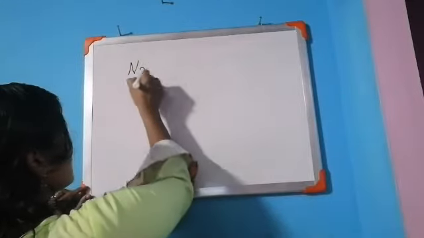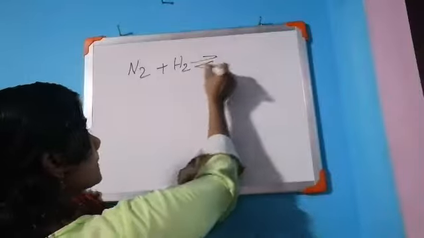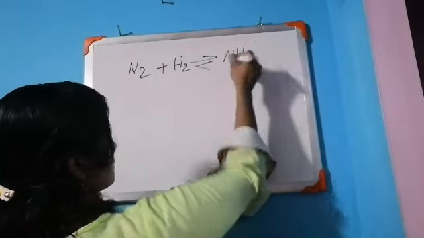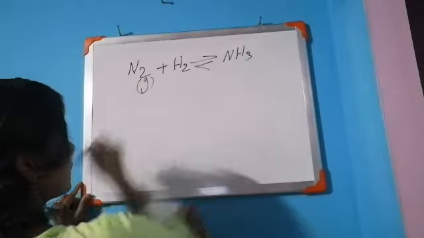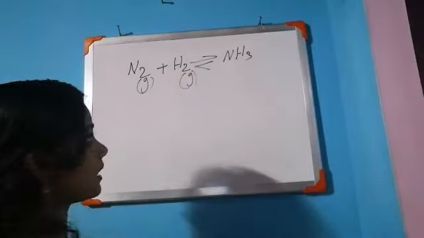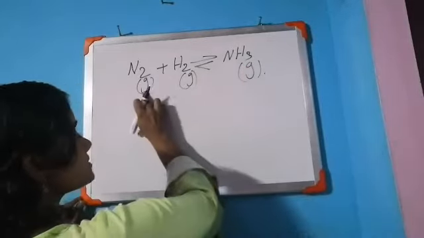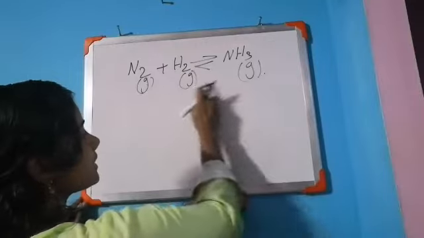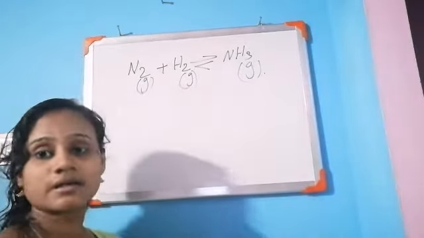Dear children, I told you nitrogen reacts with hydrogen to form ammonia, NH3. Nitrogen is a gas, and we can represent this also. Hydrogen is also a gas. Ammonia is a gas. This symbol is denoted as gases, so these compounds or elements are gaseous.